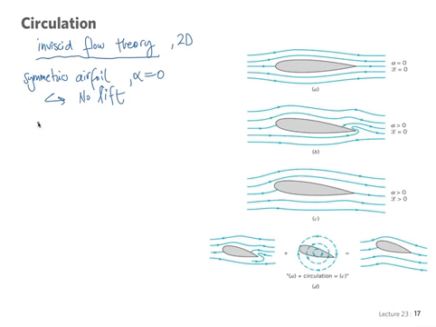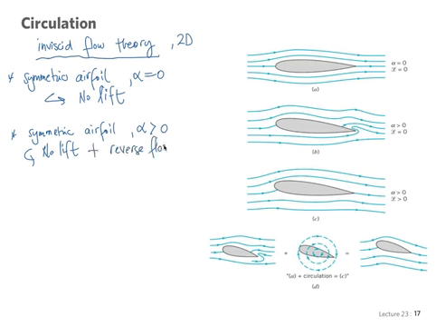Now, still in ideal flows, if we have, again, the same symmetric airfoil but with an angle of attack greater than zero, ideal flow theory would result in no lift, again, but you would also have some reverse flow in the back as the fluid adapts to this angle of attack.